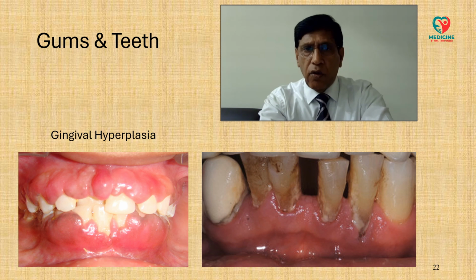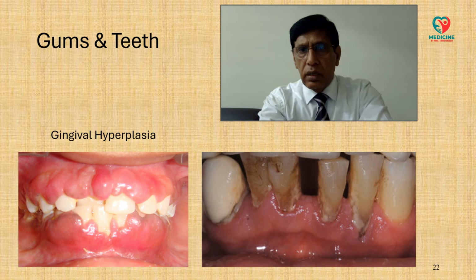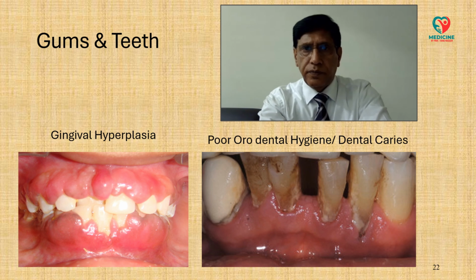Notice the overall orodental hygiene: missing teeth, staining, nicotine staining, as well as carious teeth can give you a clue to a patient's source of infection, in particular in patients with bacterial endocarditis, or wherever you don't find a cause for septicemia or infection.